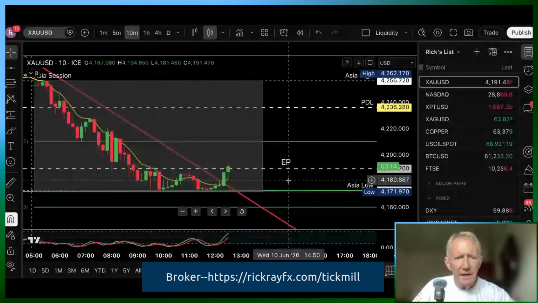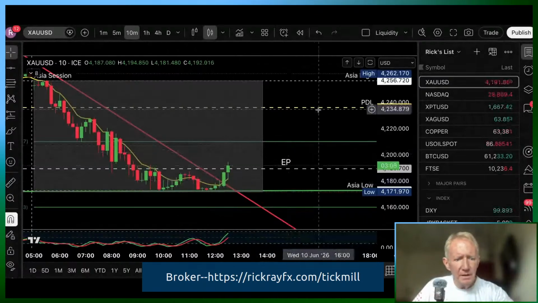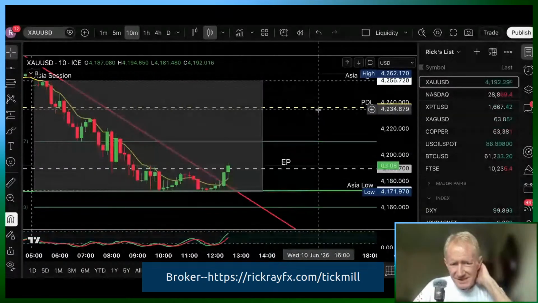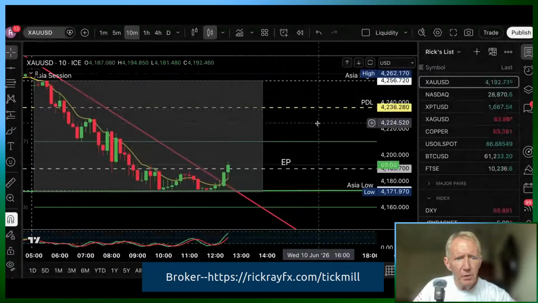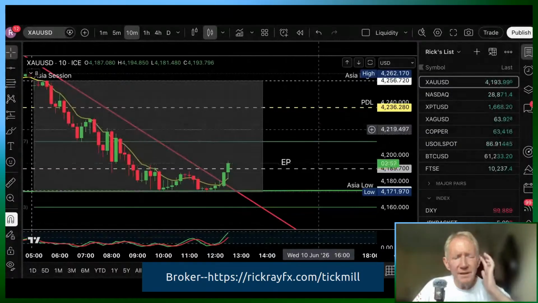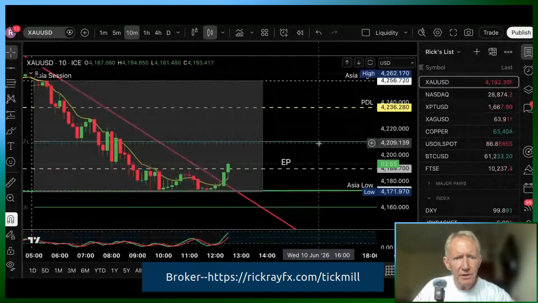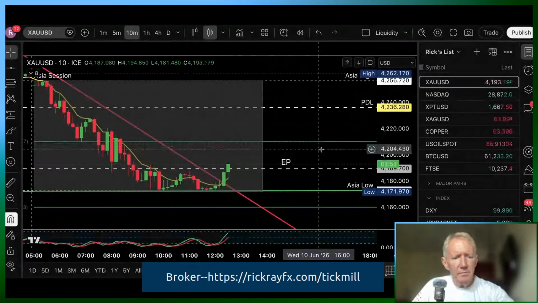And I don't like making counter trend trades. If we were in a range, I don't mind going up or going down, buying or selling, long or short. But this is a really serious, dramatic bearish bias on both the day chart and the 4-hour chart.